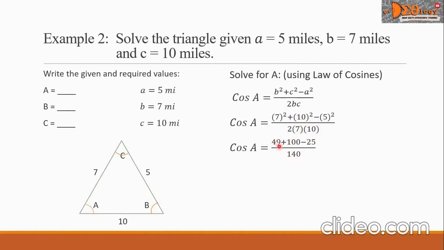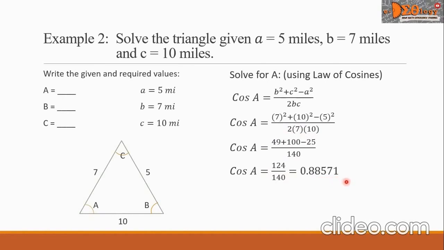Let us simplify the numerator. 49 plus 100 minus 25, we will get 124 over the denominator 140. Getting the quotient here, the answer is 0.88571, rounded to 5 decimal places.